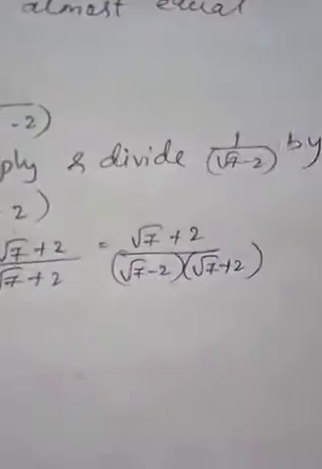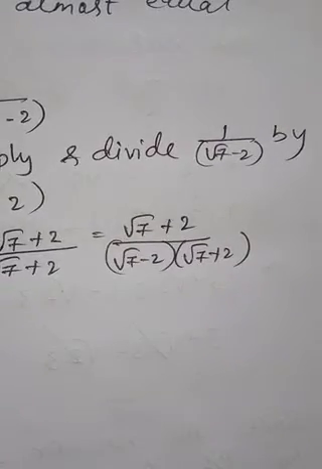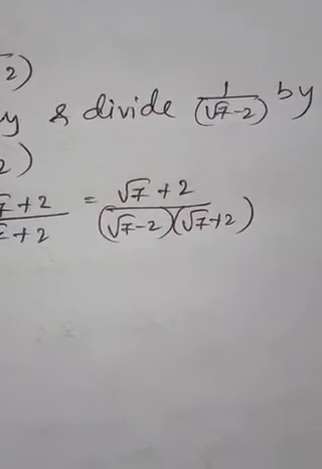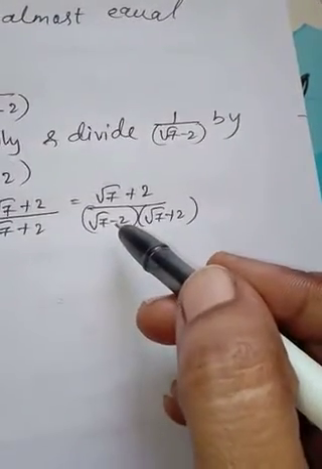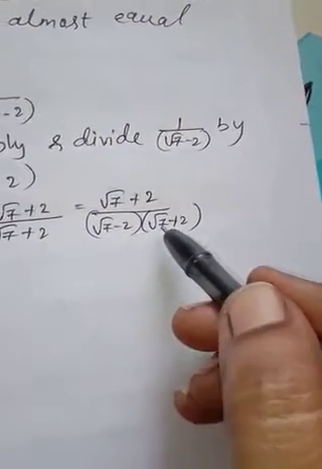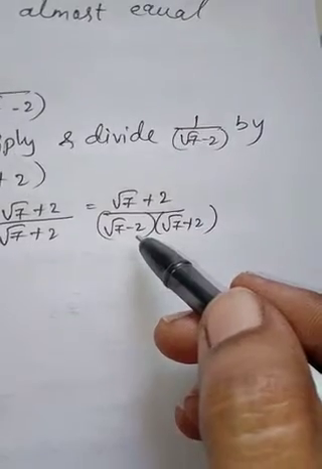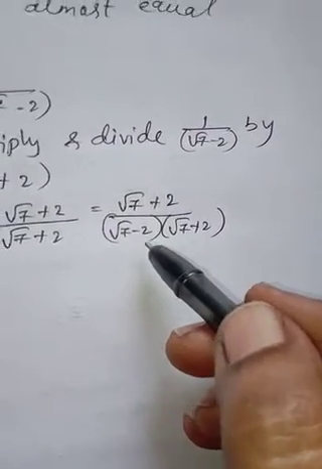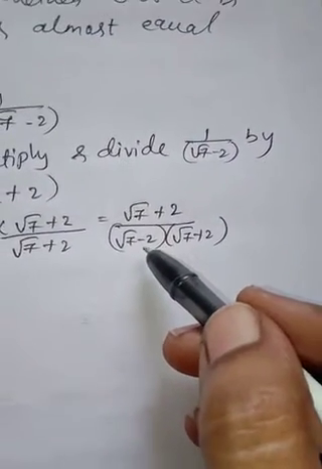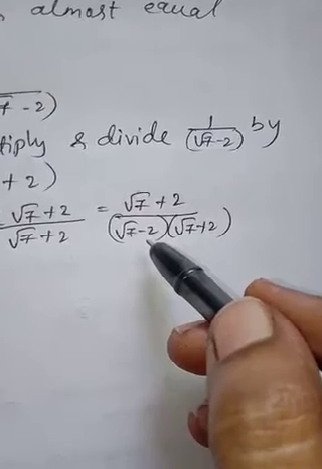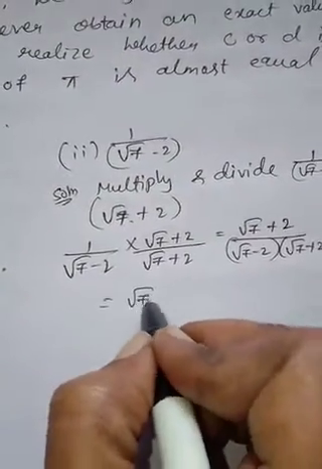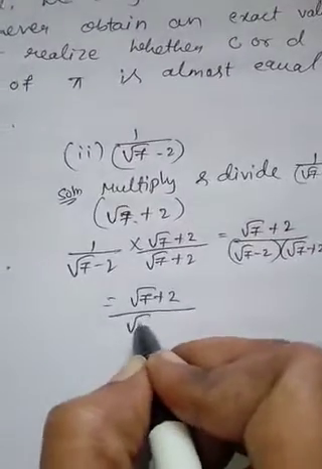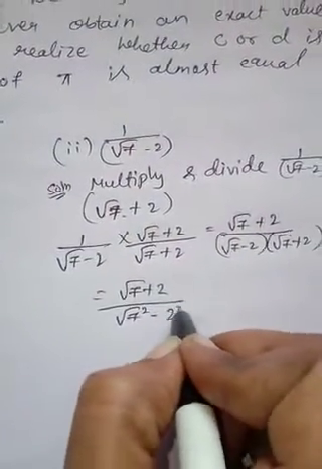By seeing the denominator, what are you thinking about this denominator? That means which form does it have? That is (a plus b)(a minus b). Shall I write it as a square minus b square? Yes, of course I can write this one as a square minus b square.